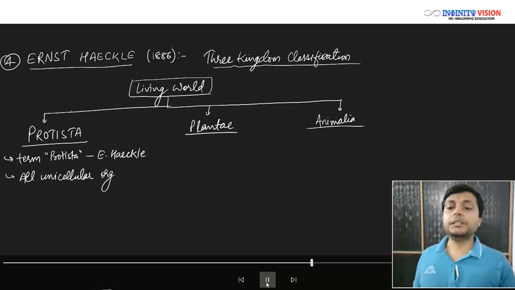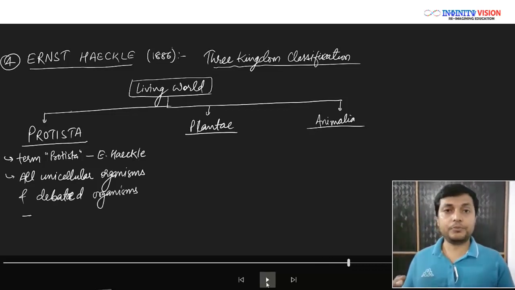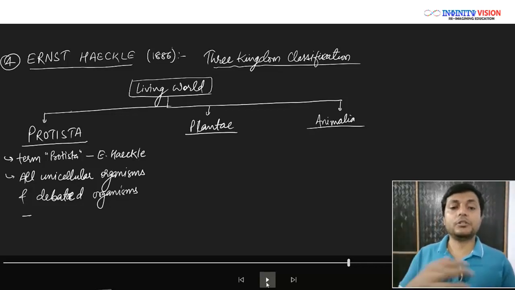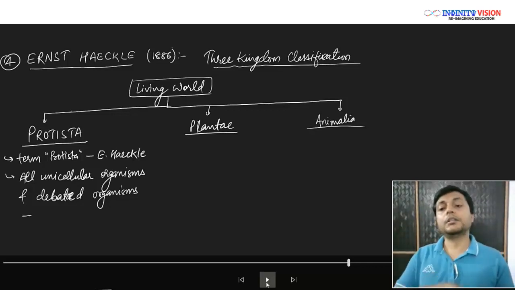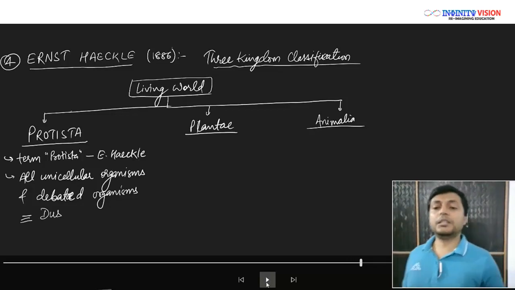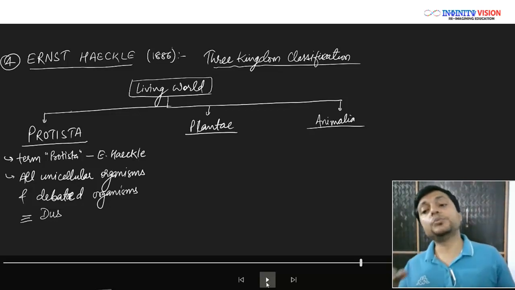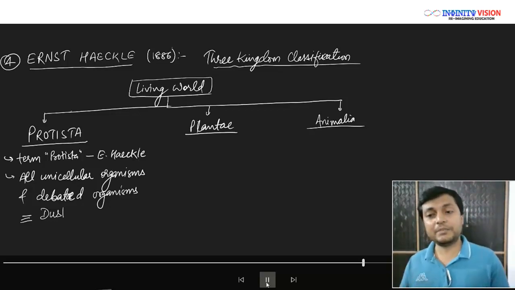Now what he did is he put all the unicellular organisms, as well as all the debated organisms for whom it was not clear whether they should be in plants or animals, into Protista. So what you see is he treated this new kingdom called Protista as a dustbin.